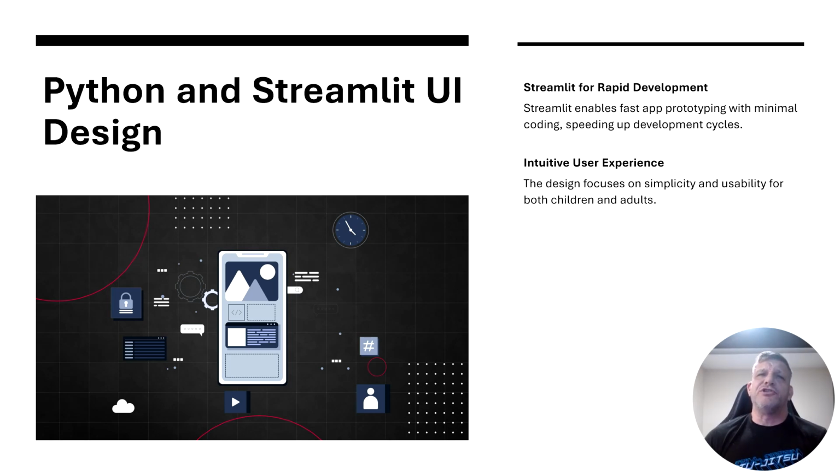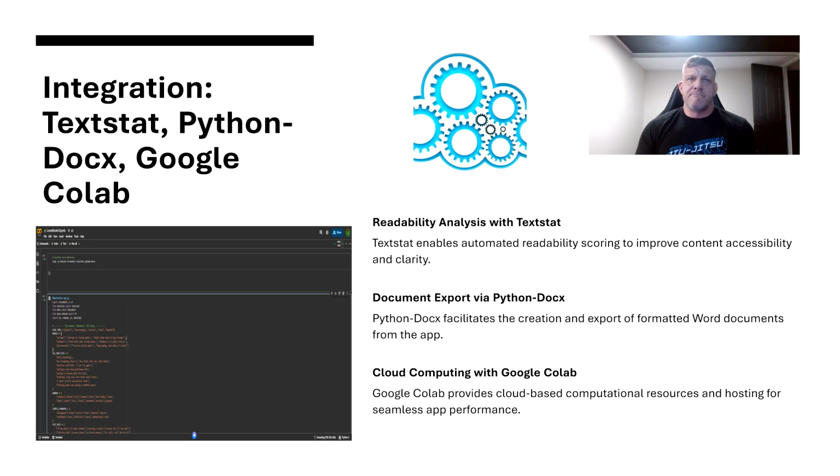I used Google Colab to create the notebook, and because it's a cloud-based app, I used Streamlit. And here you can see a screenshot of my Colab. I used ChatGPT to design the code, which I used to enter into Google Colab to execute the app.